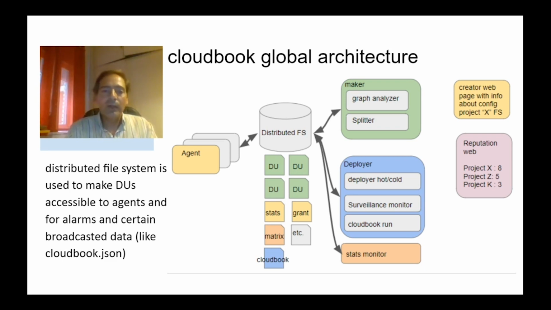But if you have thousands or millions of machines, perhaps you need another distributed file system, such as Resilio or another one. So Cloudbook is agnostic with respect to the distributed file system you use, but needs a distributed file system.